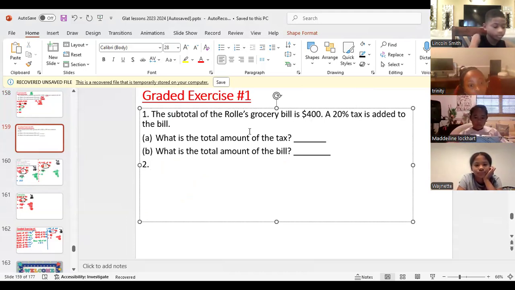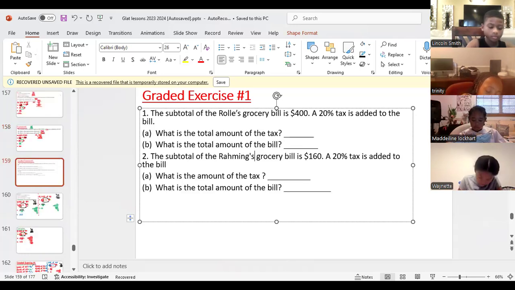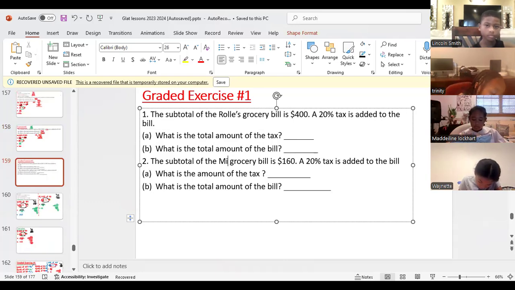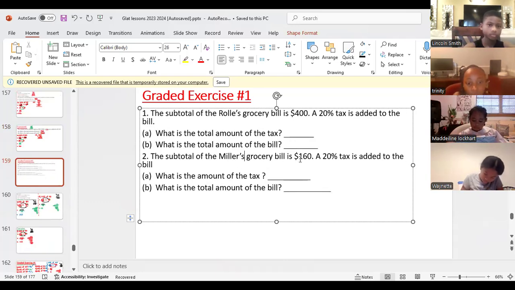Number two, let's say we have the subtotal of, let's call this one, instead of saying the Ramings, let's use the Millers. Grocery bill is $120. 20% tax is added to the bill. What is the total bill?